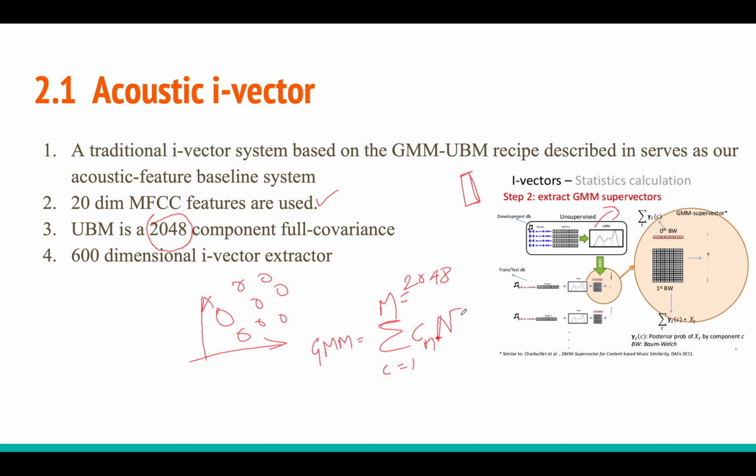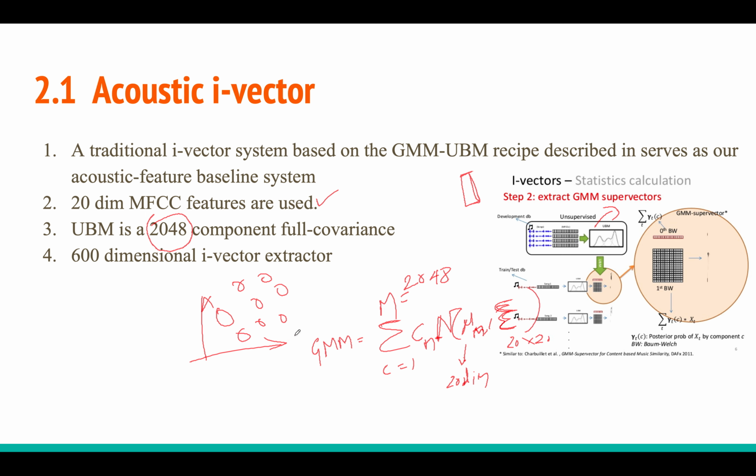Every component is basically one Gaussian, right? So it will have its own mean, which can be any dimension. It depends on the feature dimension. This is 20 dimensions, because in our case we are using feature dimension 20. Then it will have a covariance matrix. So the covariance is a 20 by 20 matrix, right? This is how the GMM is.